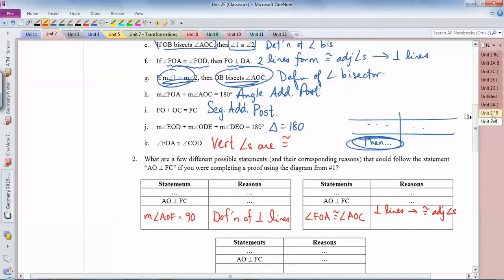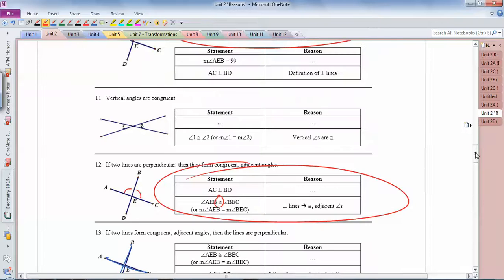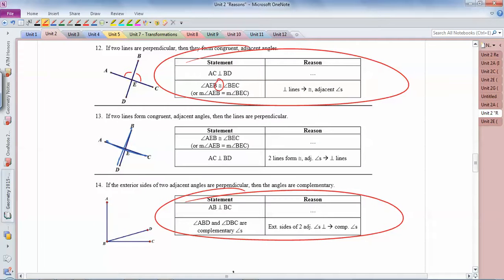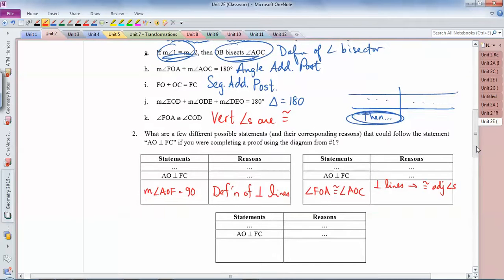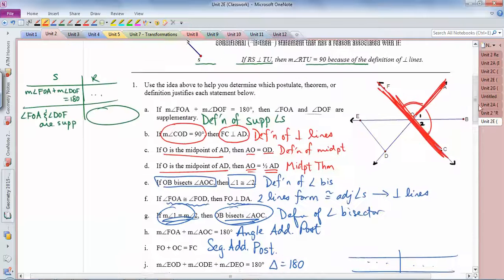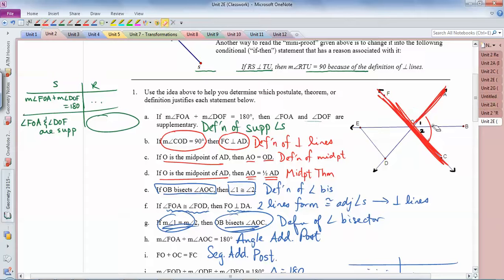And then there's one third type of reason. There's a third one here, this one. So if 2 sides are perpendicular, then the angles inside are going to be complementary. This one we've talked about in class a couple of times now. So let's go back to here. 2 sides are perpendicular. So which angles are complementary? Let's just stick to this side here, right?